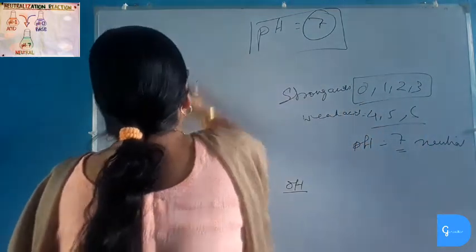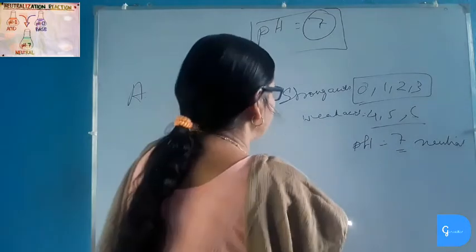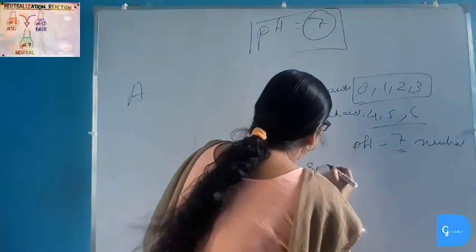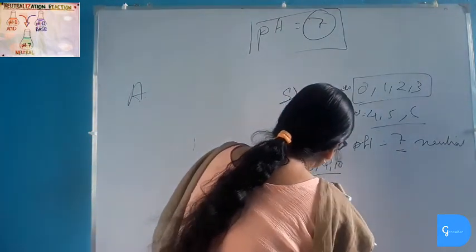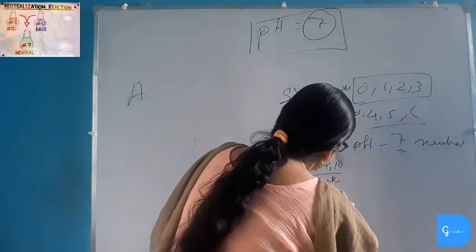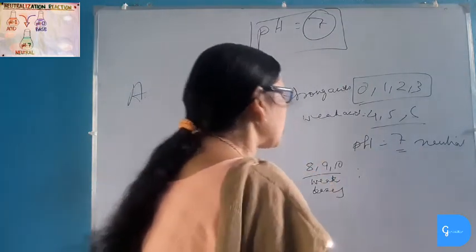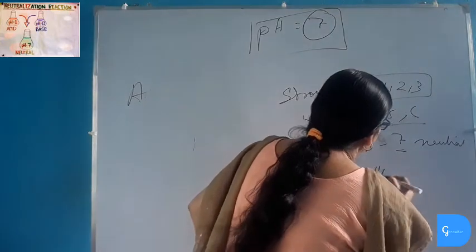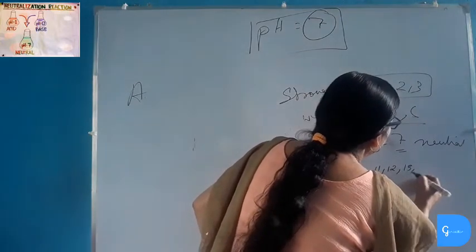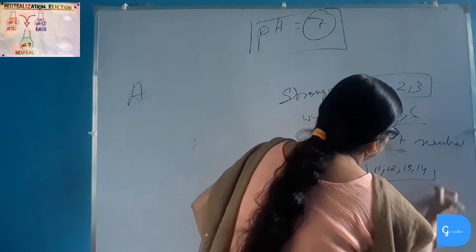Again, on the right hand side, we also find that the solutions having pH value 8, 9, 10 are weak bases, and the solutions having pH value 11, 12, 13, 14 are strong bases.